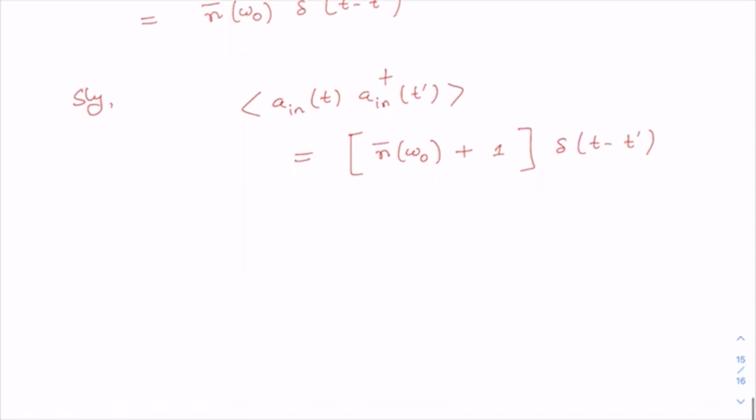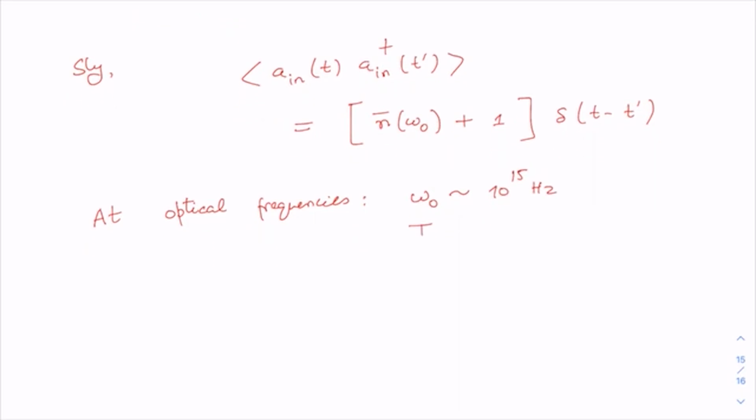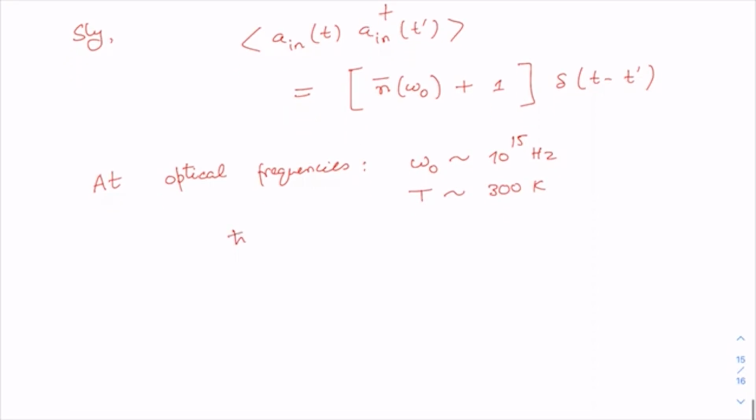Now one thing has to be kept in mind, that this is a thermal oscillator, so generally these are in the microwave frequency range. But at optical frequencies, where omega 0 is on the order of 10 to the power 15 hertz, and if we consider room temperature, around 300 Kelvin, in that case h cross omega 0 by kBT is much less than 1.